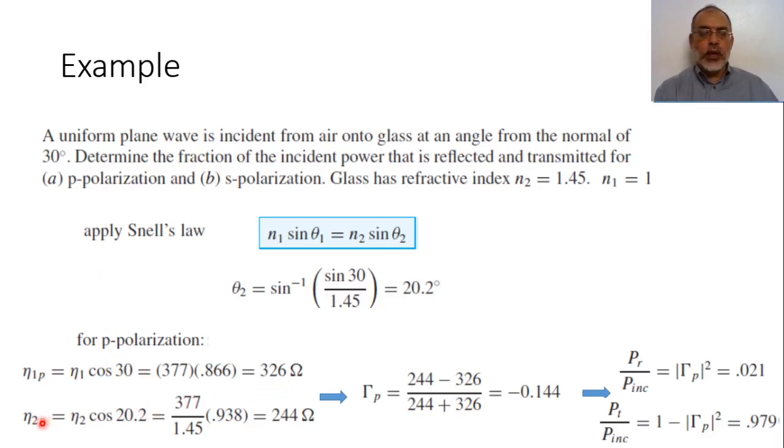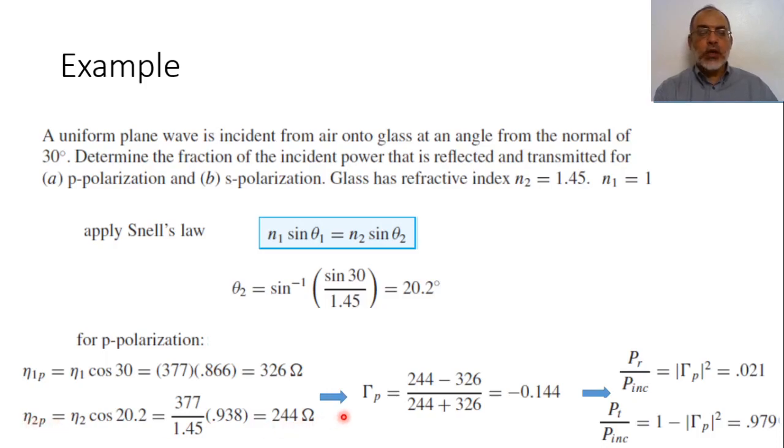Now eta 2 parallel is eta naught over n, so 377 over 1.45. This is the intrinsic impedance of medium 2, the intrinsic impedance of free space over the refractive index, multiplied by cosine theta 2, so we find eta 2 parallel.